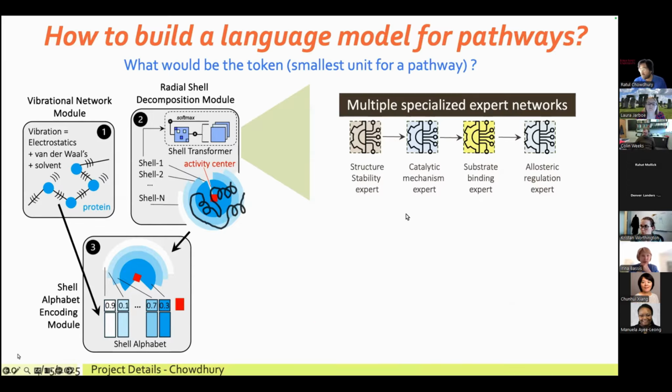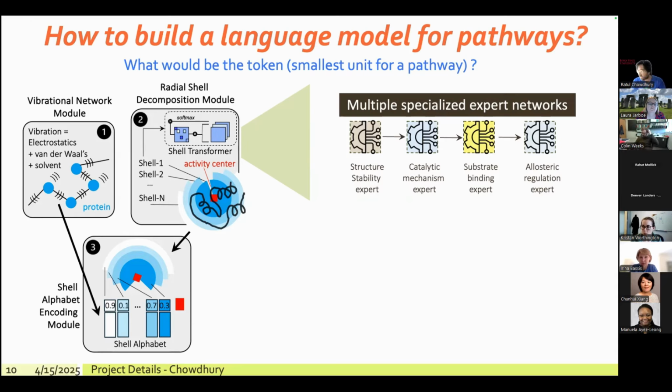Okay, so next element of this is that we are creating a multiple specialized expert network. So this is pretty much not a biological or biomolecular network, but it's a question answer network. So essentially, what we would do is that we'd put some questions about structural stability, like calculate binding free energies of various variants and sort of store it in a database in a question answer format.